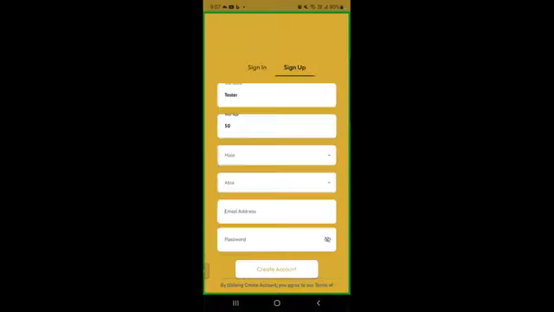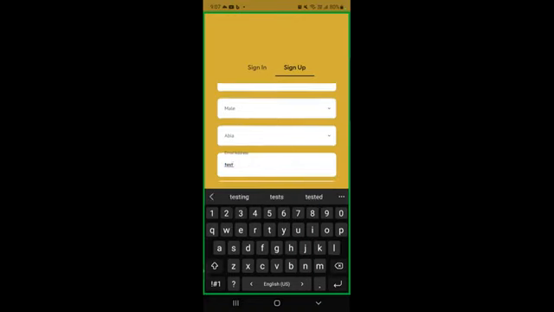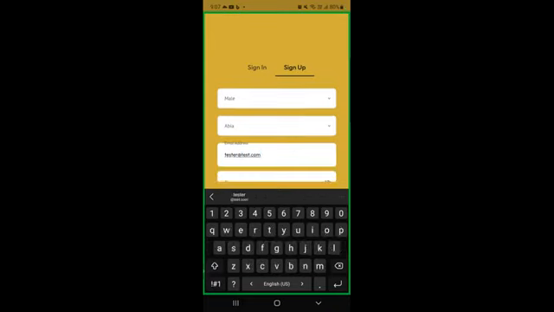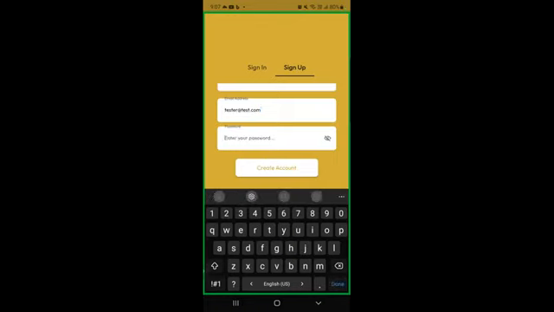My email is tester@test.com. My password is, we'll just try a simple one. So I will just press create account. My account will be created.